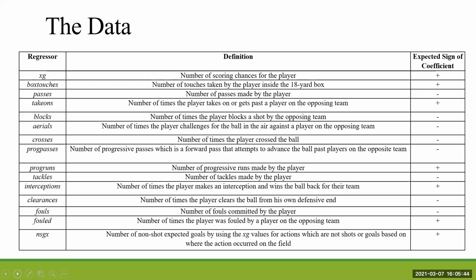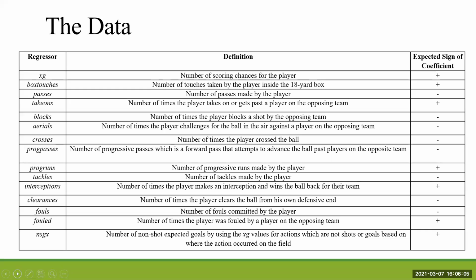The definition of each of our regressors is found in that middle column. So for example, XG is just the number of scoring chances the player gets. So how many scoring chances did they get? The expected sign of that coefficient is in the right-hand column.